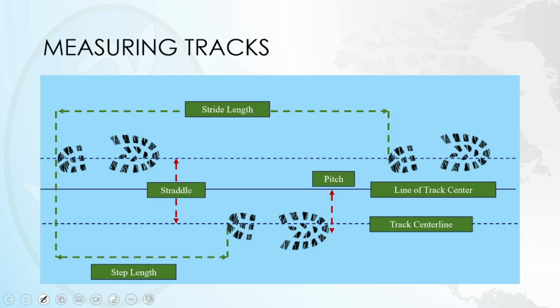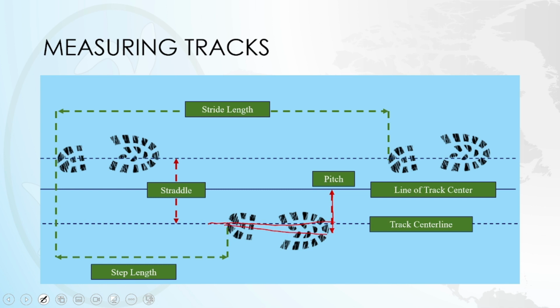And then also the pitch, and there's a couple different ways to do the pitch angle. You can do it as a measurement from the center line of the track to the tip of the toe, and however many inches that is in between, that determines the pitch. Another way you can do that is you can take a compass, for example, and say that this is a reading of 0.